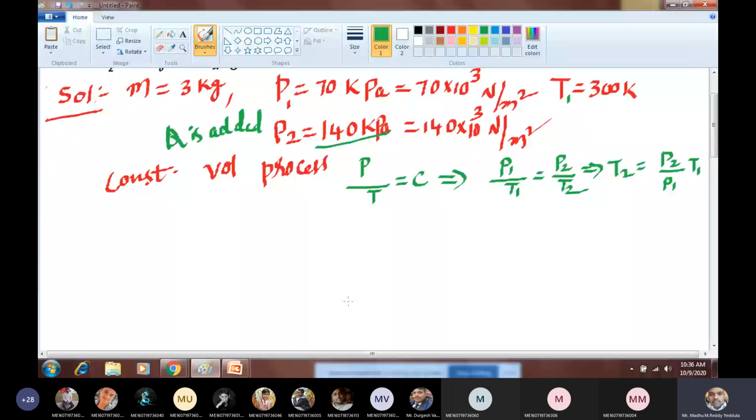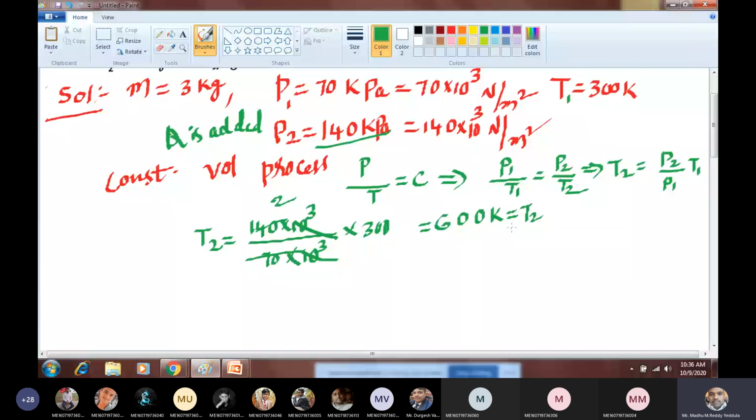T2 is equal to P2 value, 140 into 10 power 3, upon 70 into 10 power 3, into 300. It goes 2 times, so 2 into 300 is equal to 600 Kelvin, the temperature T2.